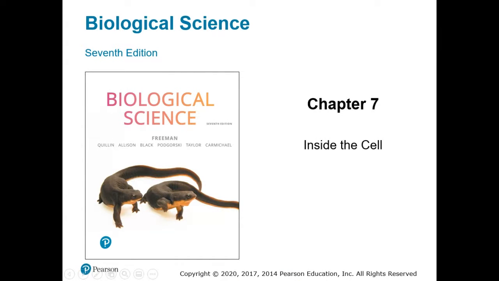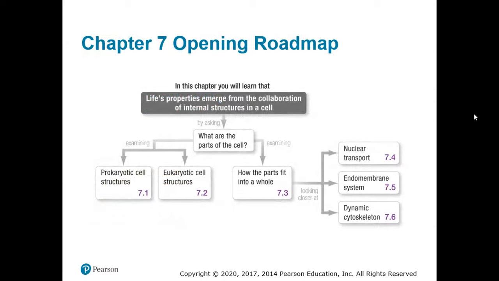But let's go ahead and talk about them here real quick. What I'm going to do is divide this lecture into two. The first part will deal with the structures, or the organelles essentially. I'm going to describe the organelles and their structure.